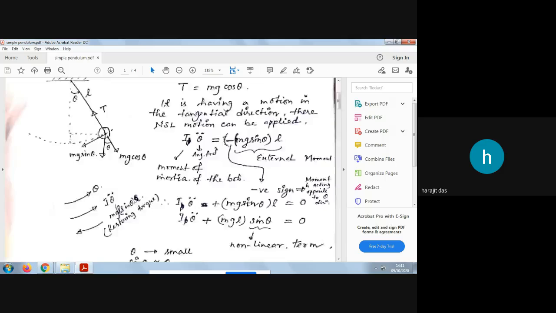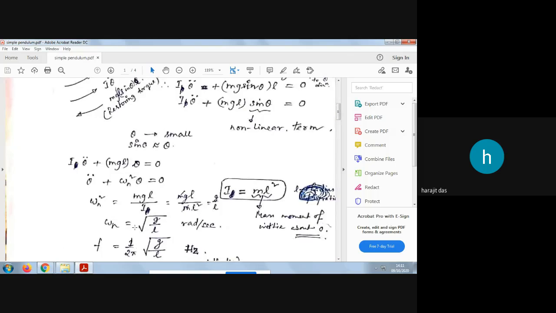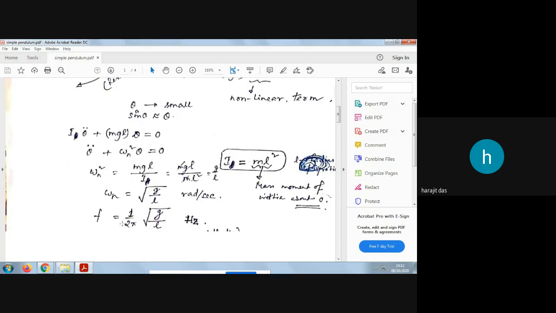So here the expression for natural frequency will be under root g by L, whereas earlier for the spring mass system it was under root k by m. Here g is the acceleration due to gravity and L is the length of the pendulum. From this omega n, you can find out capital T, the time period, as well as the linear frequency. Its unit will be hertz.